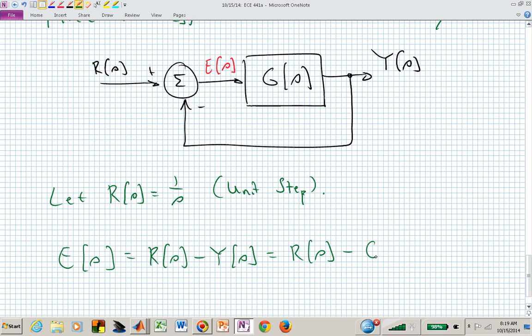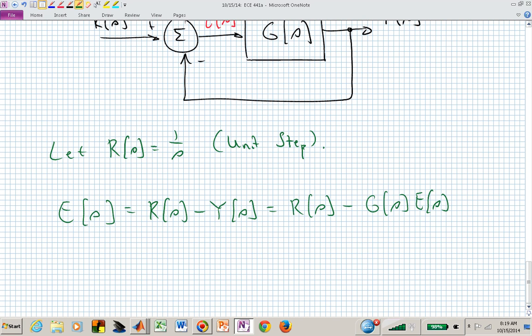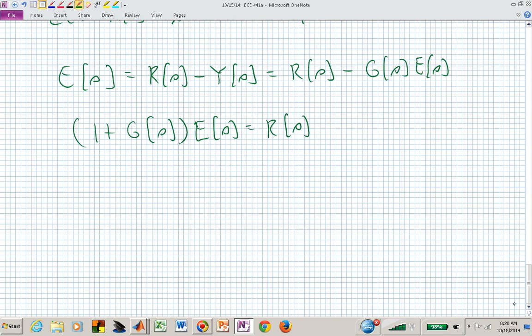And Y of S is just G of S, E of S. Or we now have 1 plus G of S, E of S is equal to R of S, or the transfer function now between the error signal and the reference input for this single input, single output case is this 1 over 1 plus G.